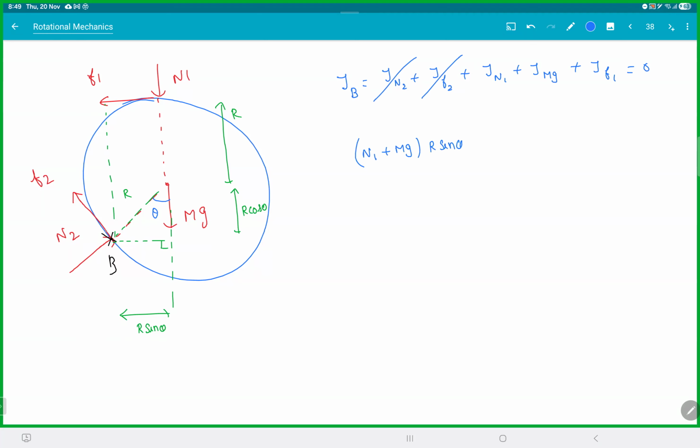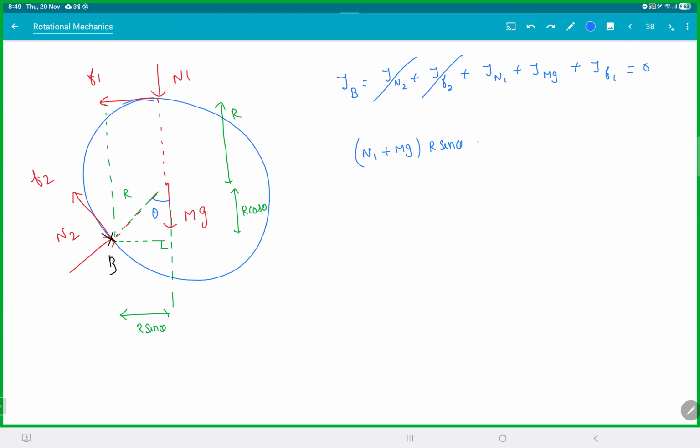And how is the rotation? Remember, B is the axis. So this is the rod, and you're pushing the rod down, so it will rotate downward. That is clockwise. Hope you're able to visualize the direction. So the rod will rotate clockwise.